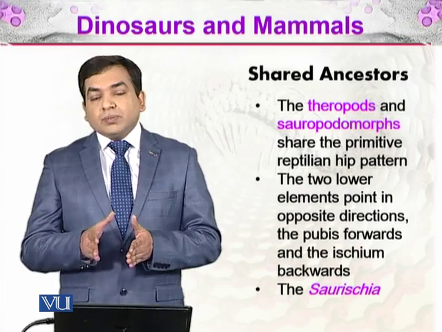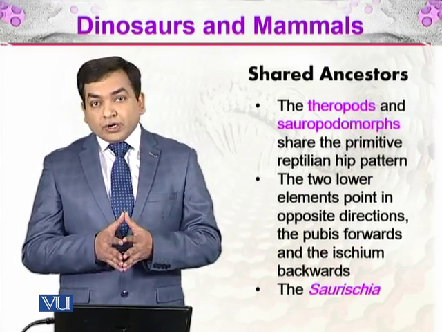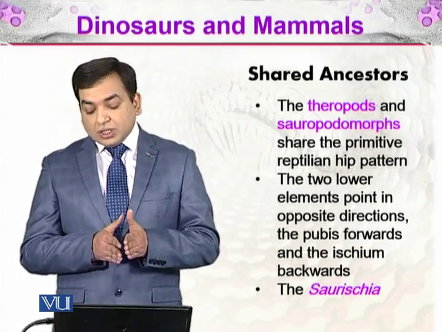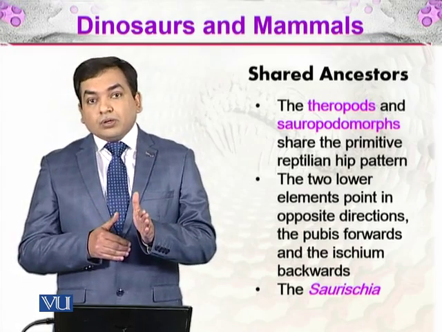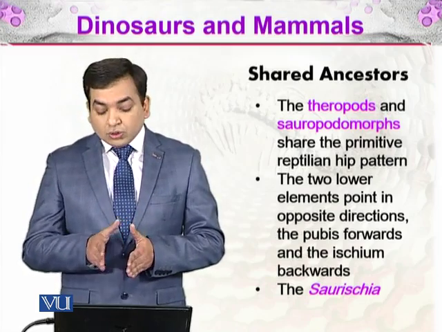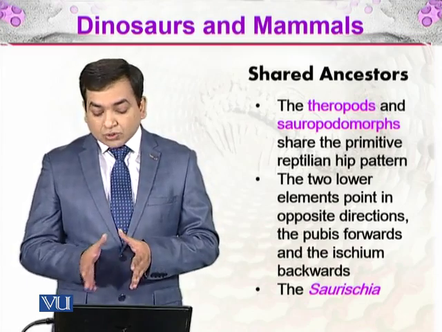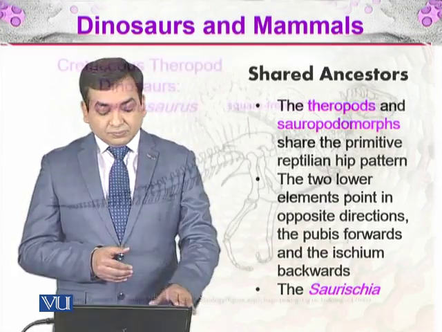The structure of the ischium and pubis dictates a particular type in which the pubis is towards the forward, upper point, and the ischium is backward at the lower point. Together they make a clade called Saurischia.